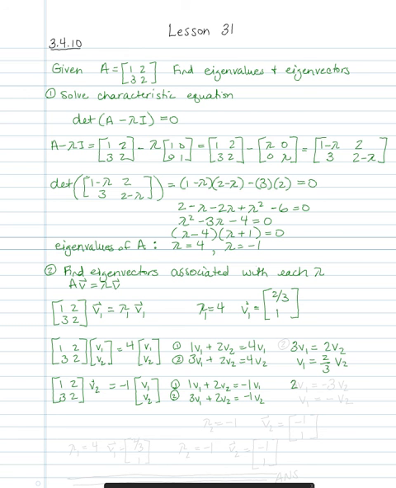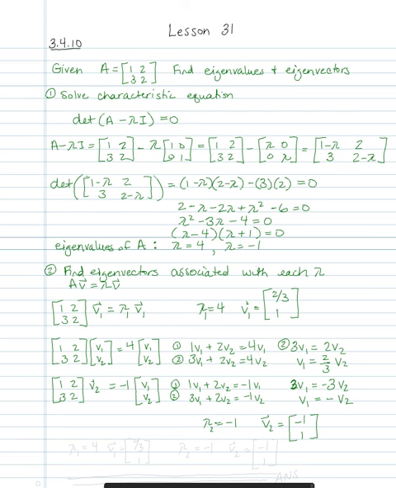We get 3v1 equals negative 3v2, which gives us v1 equal to negative v2. And therefore our associated eigenvector would be vector 2 equals [-1, 1], with the associated lambda 2 equal to -1.